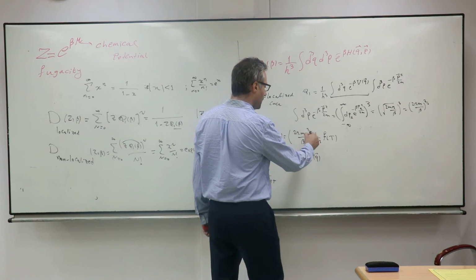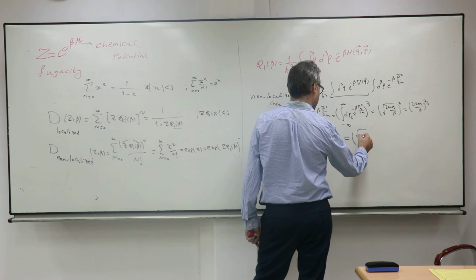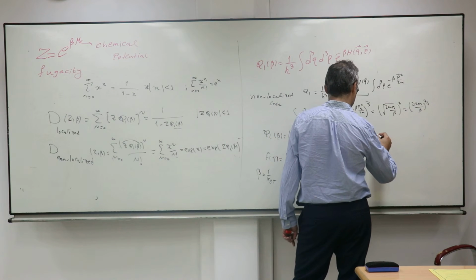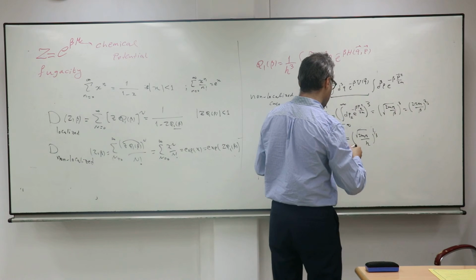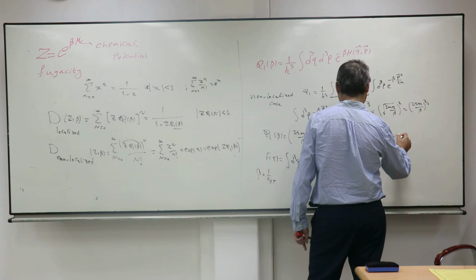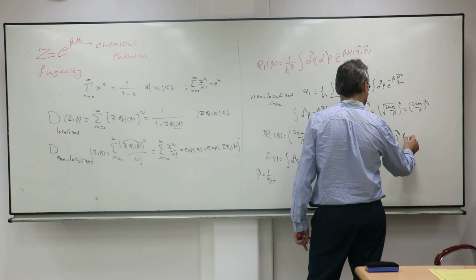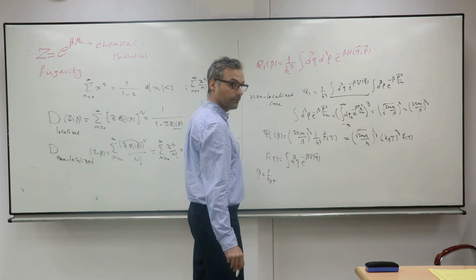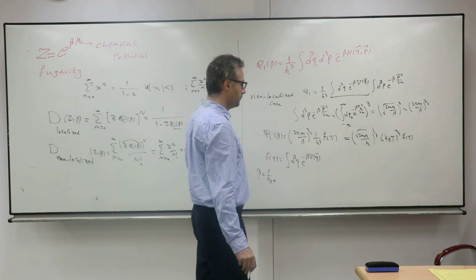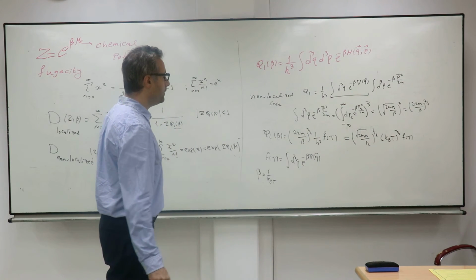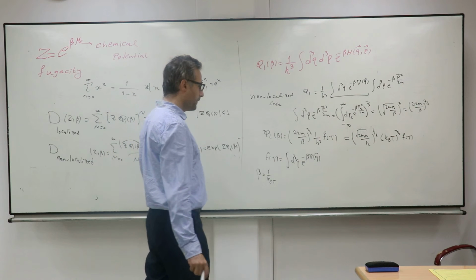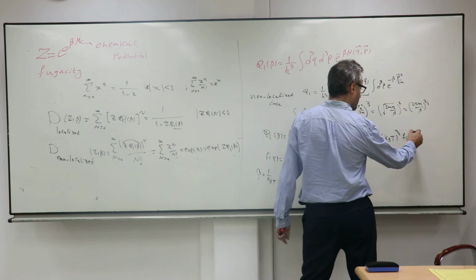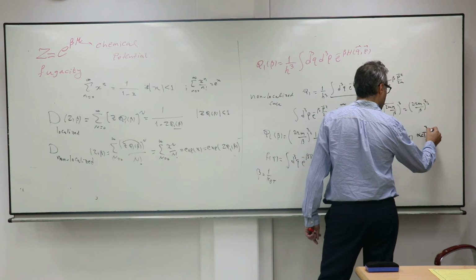And you know that these are just, I want to write kB T also, kB T to the 3 over 2, F(T). And beta is 1 over kB T. So this is called C F(T).